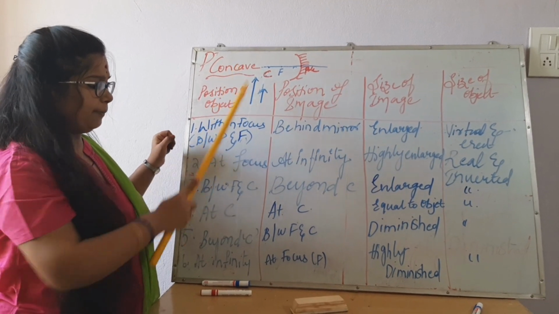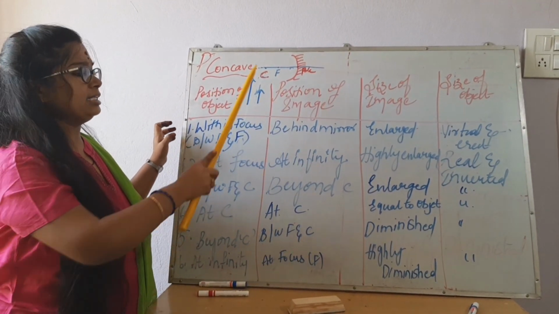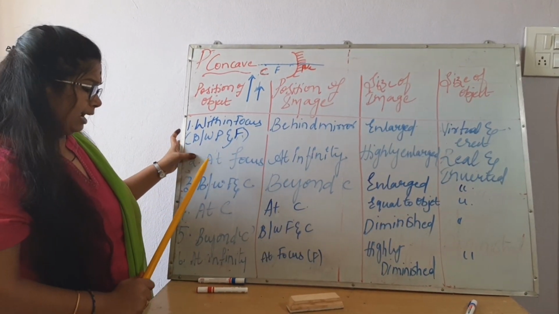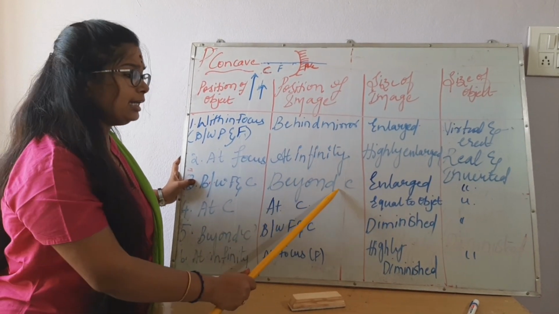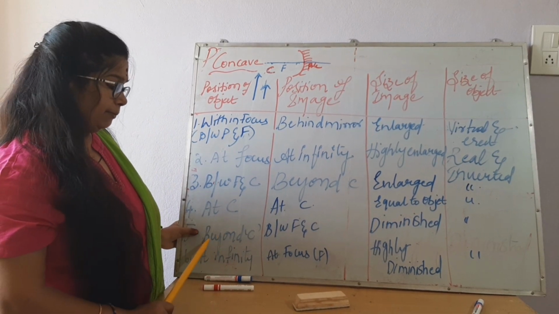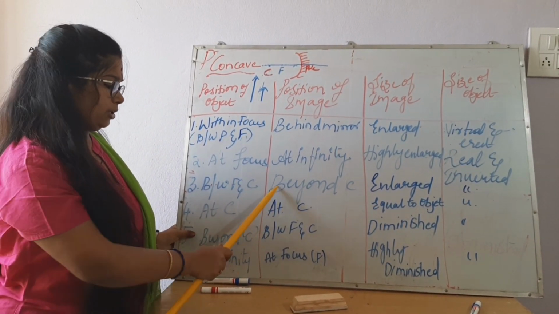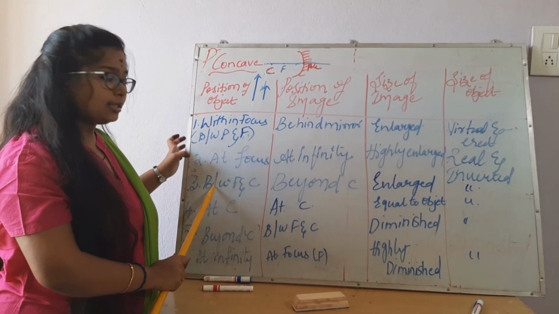Beyond C if I keep the object, where is the image formed? Between F and C. How will the image be? Diminished. See here, if you keep it between F and C, the image is formed beyond C, enlarged, real and inverted. This fifth case is quite opposite to the third case.